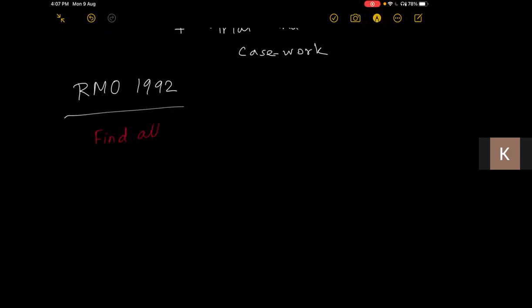Find all integers n such that n square plus 19n plus 92 is the square of an integer.